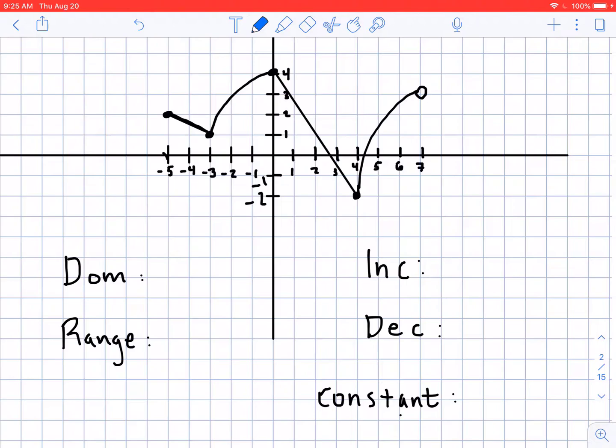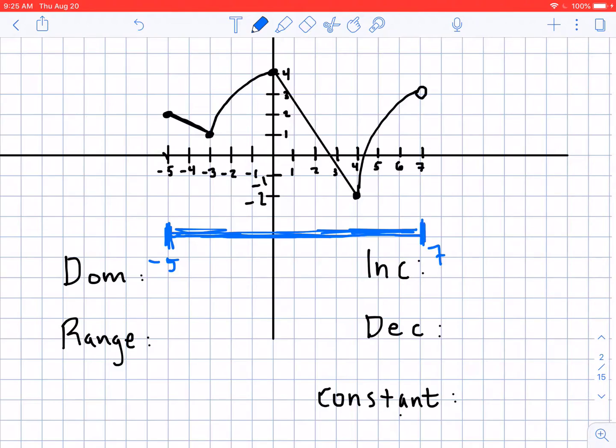So from left to right, it looks like the furthest left that this function goes is here at -5. And it's continuous until it gets to here at 7. Okay? So the domain is all numbers in between -5 and +7. There are no breaks in the graph, so it's perfectly clean from -5 up to 7.